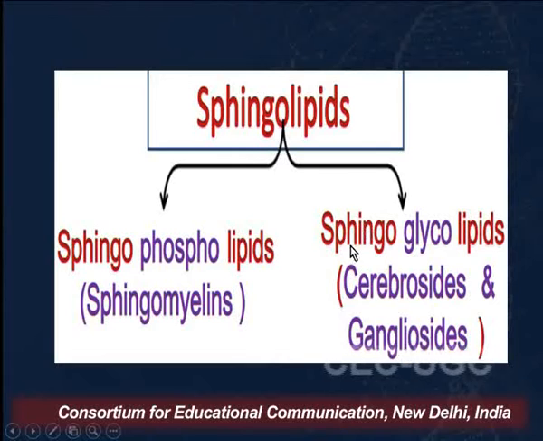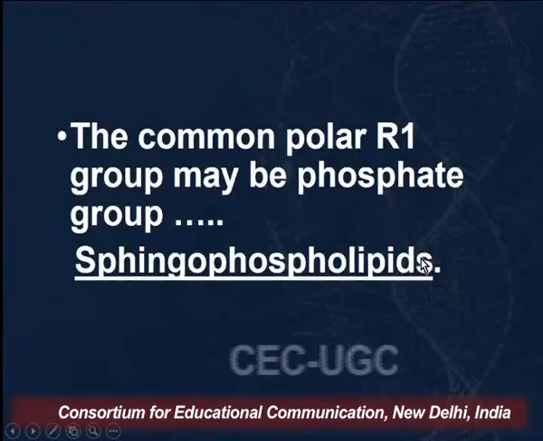The backbone molecule is sphingosine, whether we talk of sphingophospholipids or sphingoglycolipids. Here the polar group is going to be a phosphate group, and here it is going to be carbohydrates. For sphingophospholipids, we shall be discussing sphingomyelins, and for sphingoglycolipids, we shall be studying cerebrosides, globosides, and gangliosides.